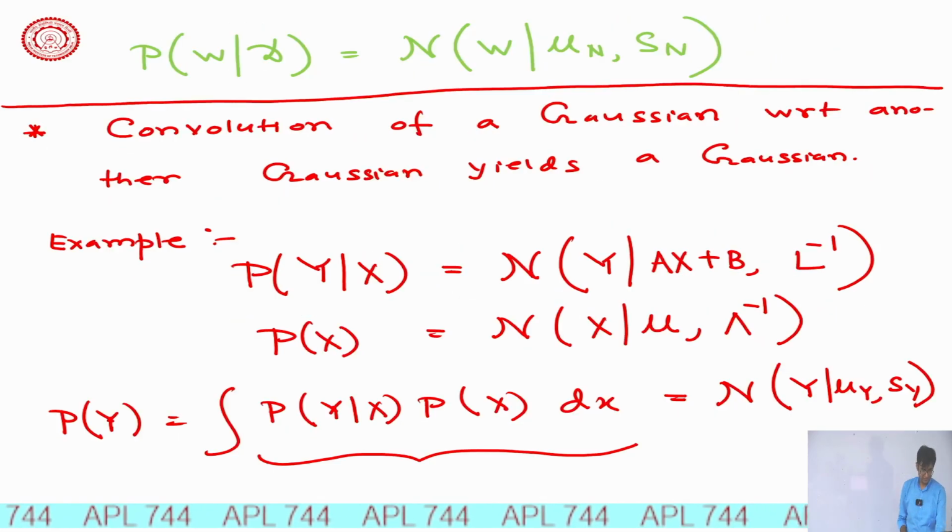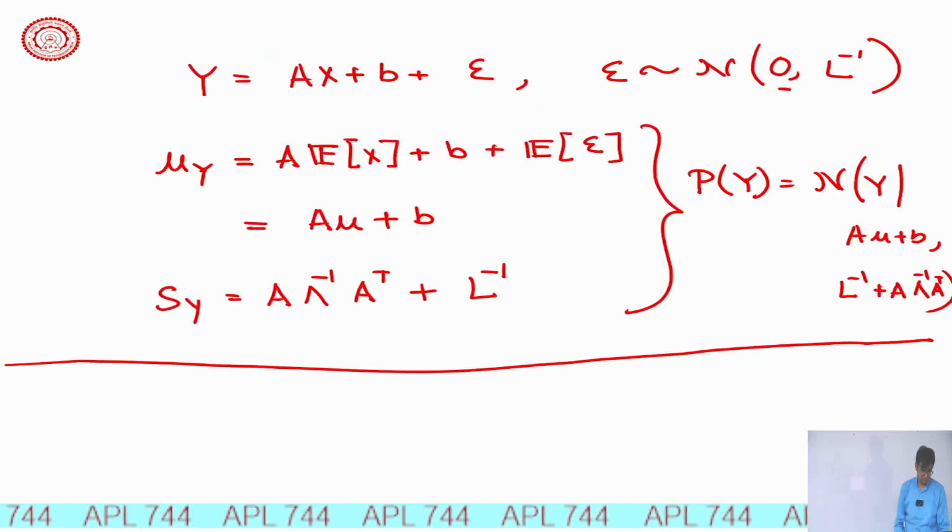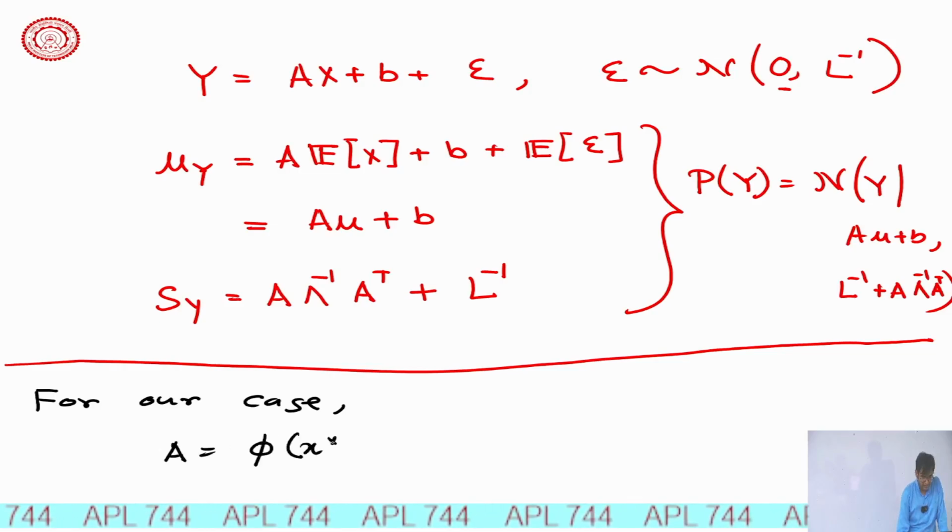So, I will write it down then. For our case, A is equal to phi x star transpose. What is B? It is not there, 0.